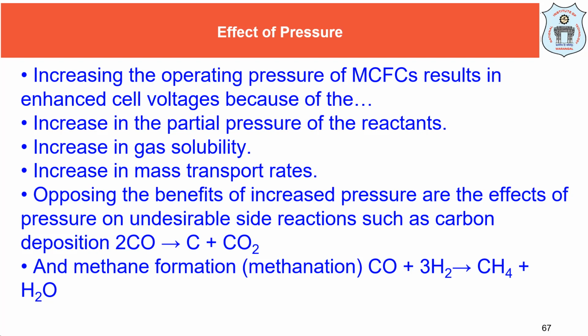And if you look at the effect of pressure, generally, increasing the operating pressure of this molten carbonate fuel cell will result in enhanced voltages, because there will be an increase in the partial pressure of the reactants, an increase in gas solubility, and an increase in mass transport, right? Because more gases are dissolving into your system, there will be more reactant available at the reaction sites for the reaction to take place. So there will be increased mass transport, and more reaction taking place.